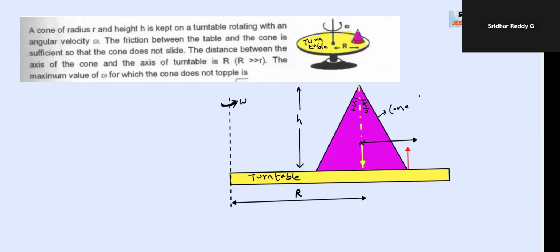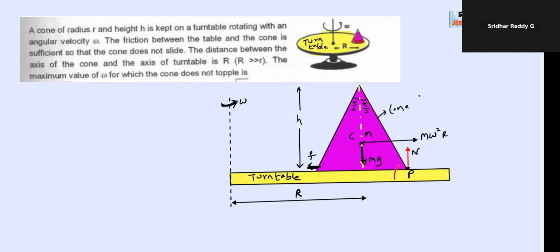Friction is sufficient, and that friction will be shown like this with an arrow. This is mg, this is the normal contact at P, and this is the centrifugal force. The mass of the cone is m. Then why will the normal contact shift here?